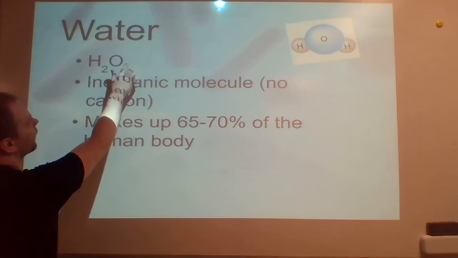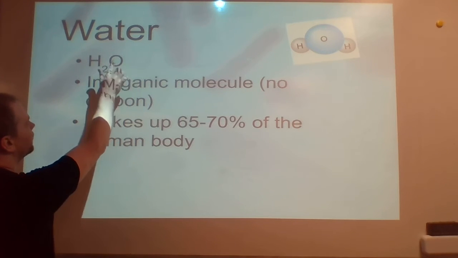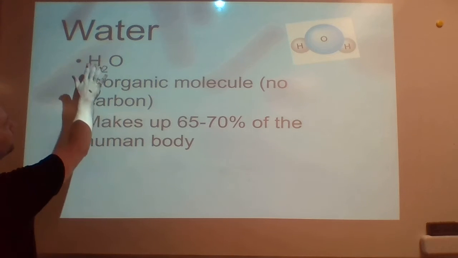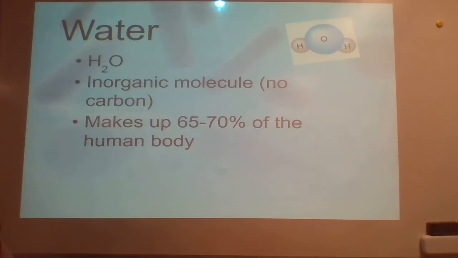The fact that there is nothing here tells us that there is 1 oxygen. It is an inorganic molecule. That means there is no carbon present in it. And it makes up 65 to 70% of the human body, depending on how healthy you are. That might be a little higher or a little lower.